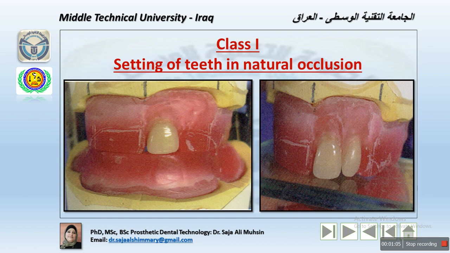After determining the bisecting line using the incisive papilla and the center of the incisive papilla, as we discussed previously within the landmarks that aid in positioning of artificial denture teeth, the first tooth to be placed is the upper central incisor, placed to one side of the central line, replacing the labial contour of the upper wax block and just touching the occlusal plane, as in the image on the left side.